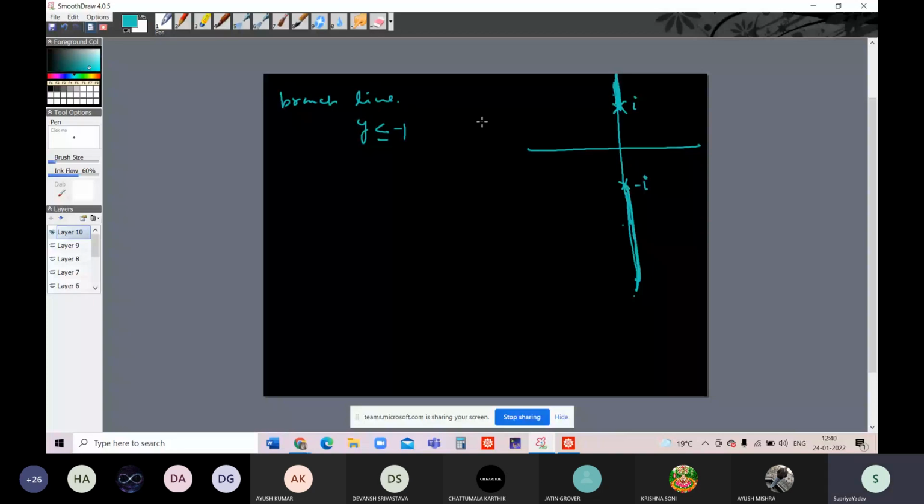So we take them combined, the union of these two values, and along with this we also have to write, because it is on the y axis, that this line is when x is 0. It means that on the y axis, this portion combinedly will be the branch line.